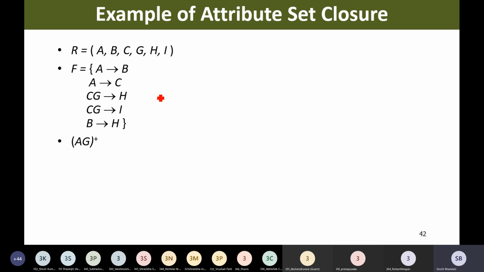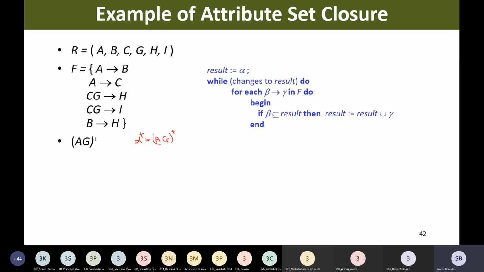Now what we want is to compute AG plus. So we want to compute the attribute set closure for AG. Here my alpha is AG, and I want to compute alpha plus, that means AG plus.